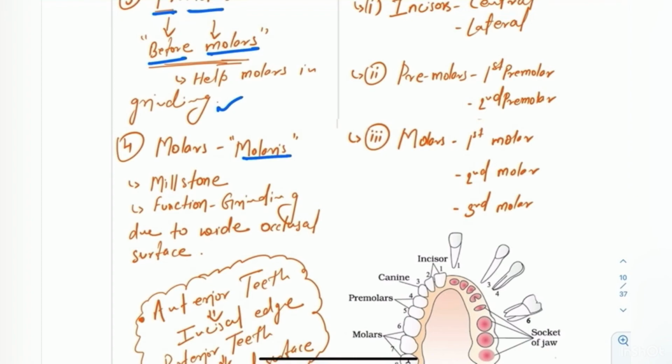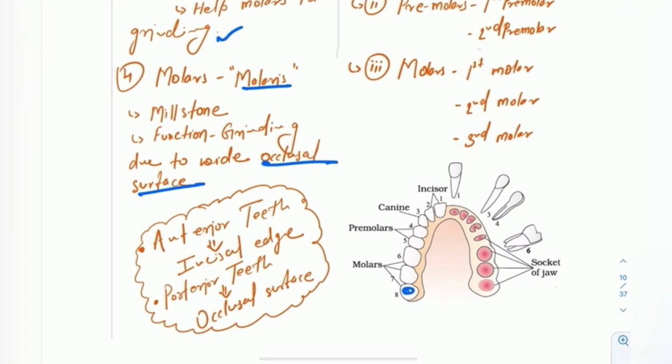Say occlusal surface, a new term, occlusion. You will see the incisal edge and the occlusal surface. In premolars and molars, you will see the upper surface is broader.